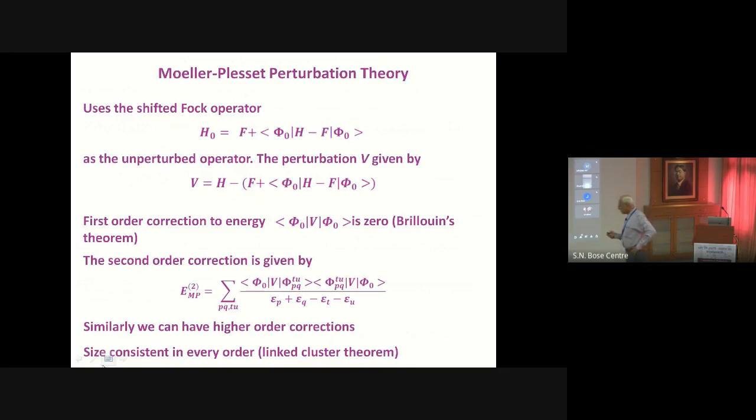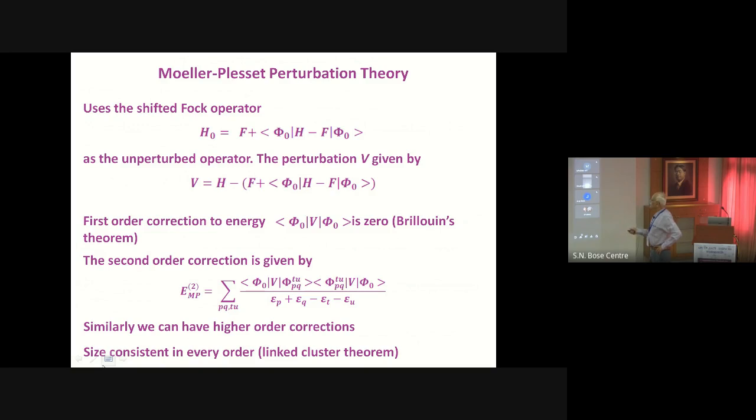In the Epstein-Nesbet perturbation theory, the Hamiltonian is written as H_0 plus V, where H_0 is the shifted Fock operator. And the perturbation V is just given by H minus H_0.